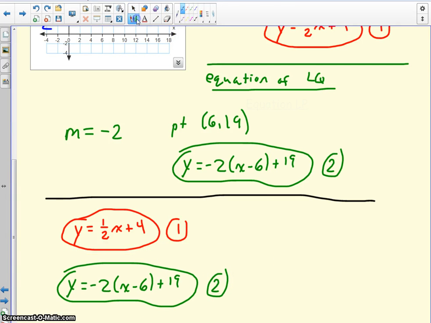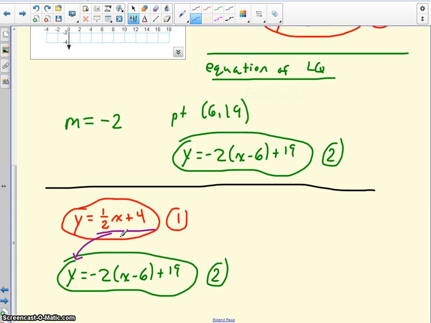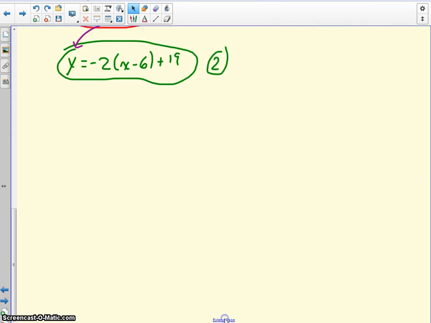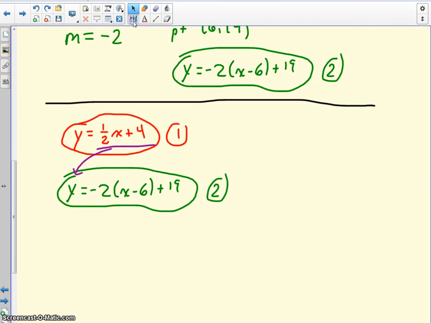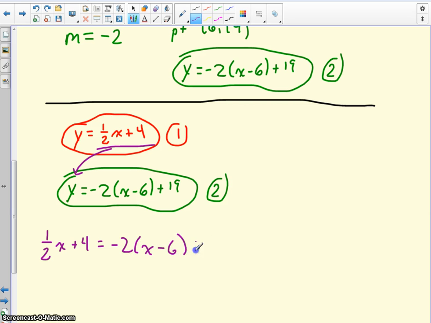Now, from the first equation, if I'm going to use substitution, y equals a half x plus 4. I'm going to replace that in the other equation. So that's going to give me half x plus 4 equals negative 2x minus 6 plus 19.